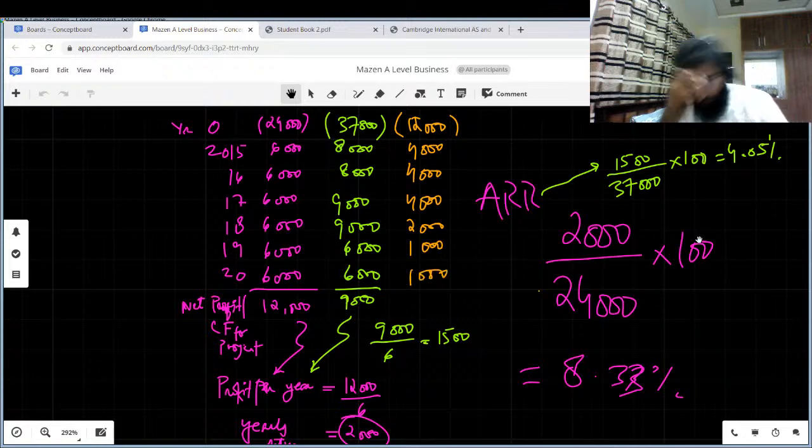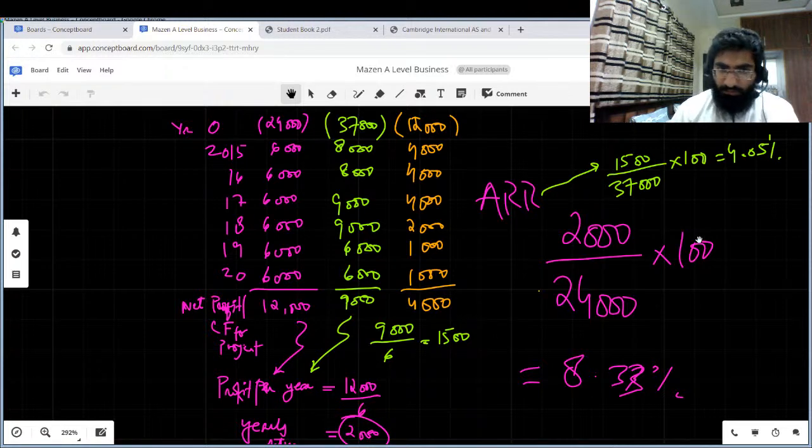So this is 4, 8, 12, 13, 14, 15, 16,000, and 12,000 initially I have to pay. So 4,000 is returned. And this 4,000, if I have to calculate profit per year, it will become 4,000 over 6.